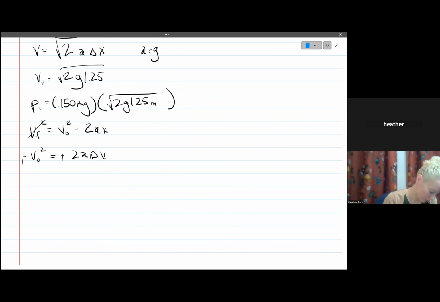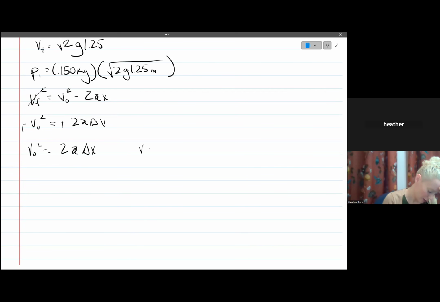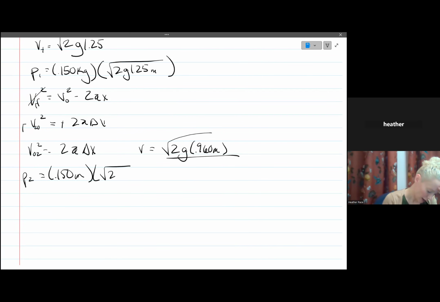These go away. And we have v naught squared equals 2a delta x, which we know. Okay, so P2 then equals our mass, which is 0.150, times 2g times 0.960 meters.